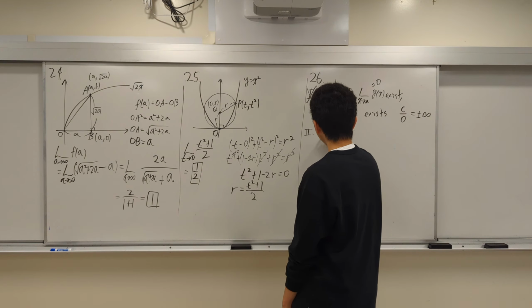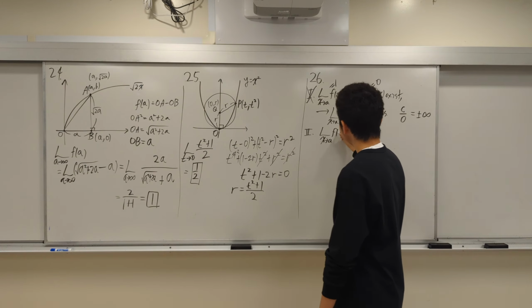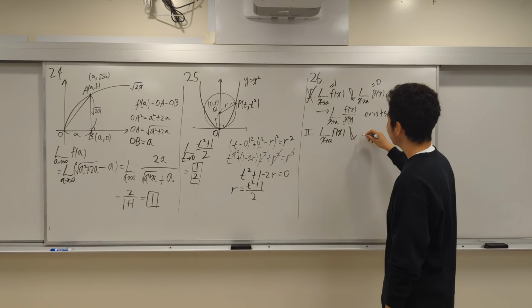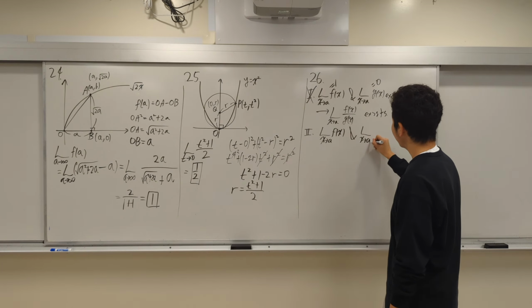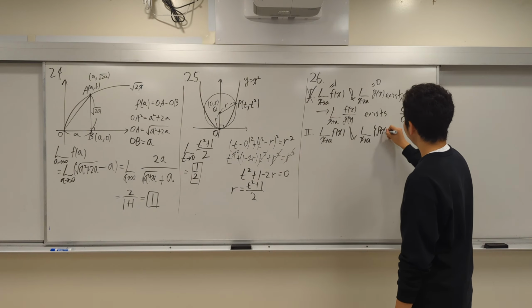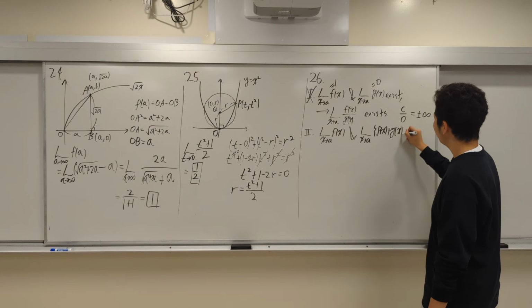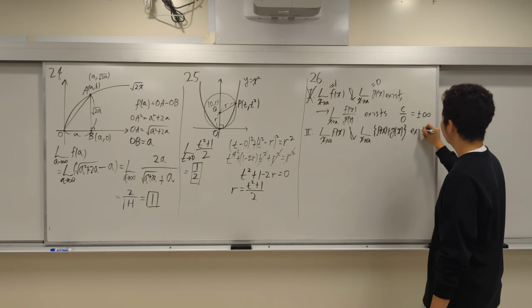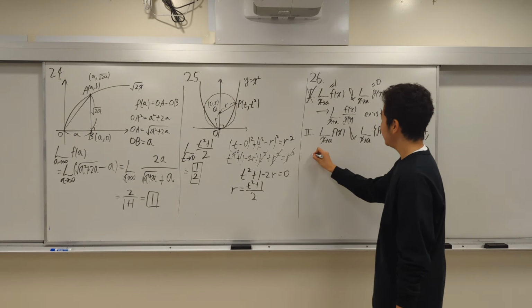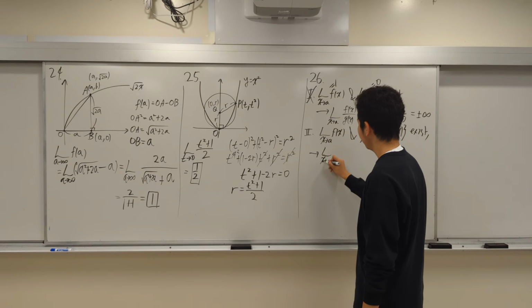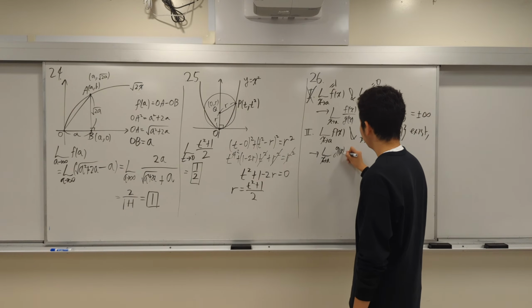Number 2: if limit x goes to a of f of x and limit x goes to a of f of x plus g of x both exist, then limit x goes to a of g of x exists.